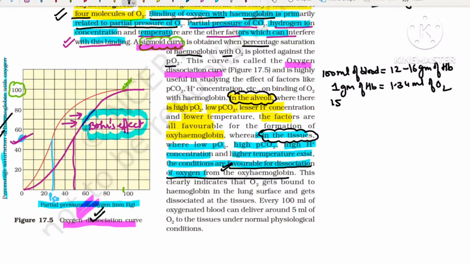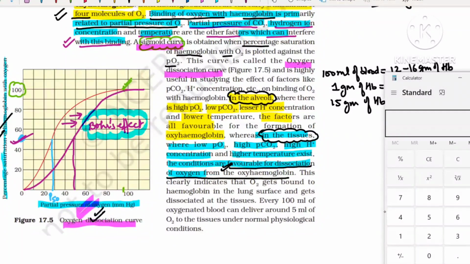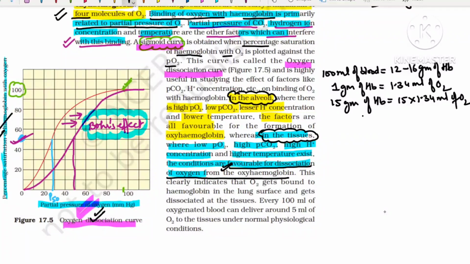We will take a round figure of 15 gram. 15 gram of hemoglobin will carry 15 into 1.34 ml of oxygen. When you calculate it, 15 multiplied by 1.34, the answer is coming 20.1, so we'll assume 20 ml of oxygen.